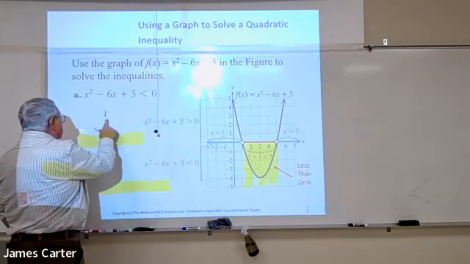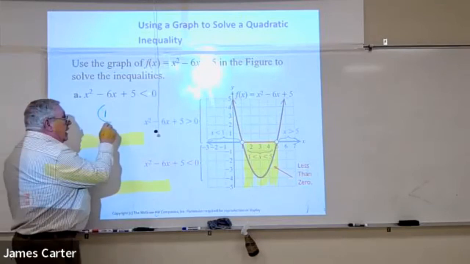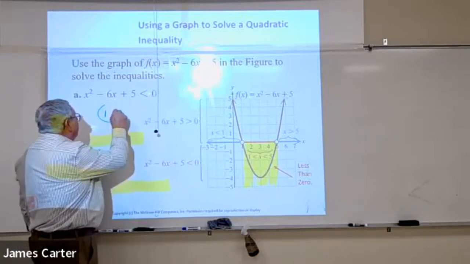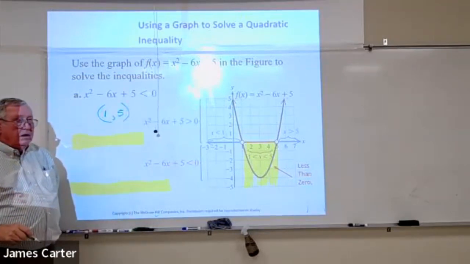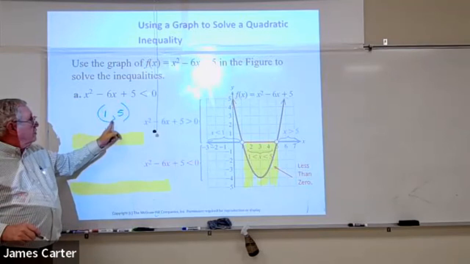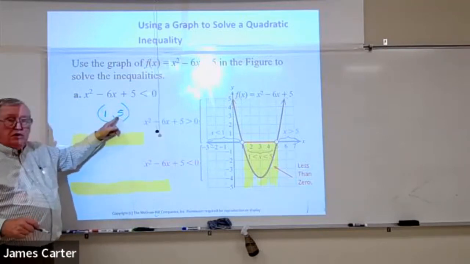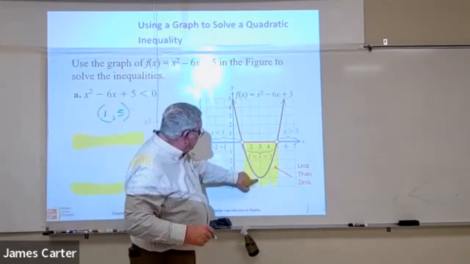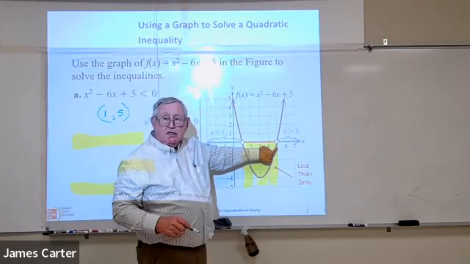That's not a bracket, that's a parentheses. And from there to the 5. And we can't include it. So what they're saying is any x value between these two, but not including these two themselves, will give you a point on this graph that is less than 0. That's what that's saying.